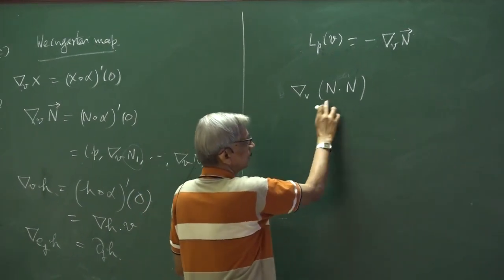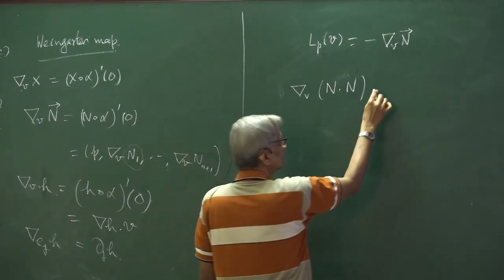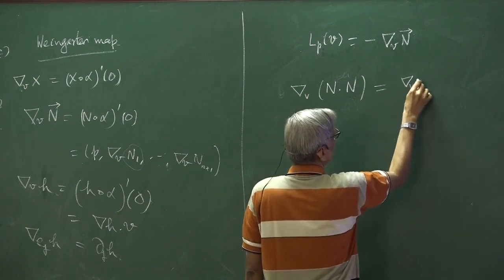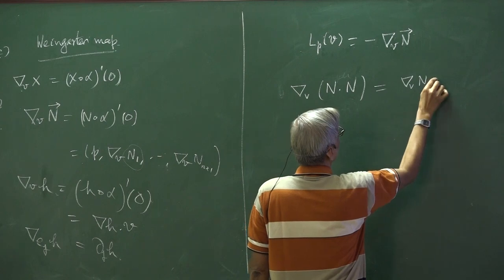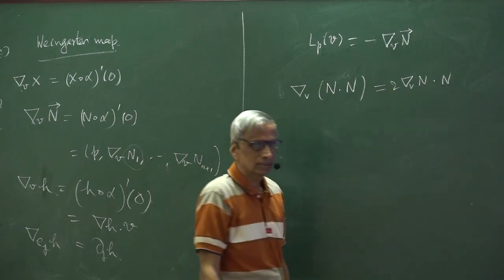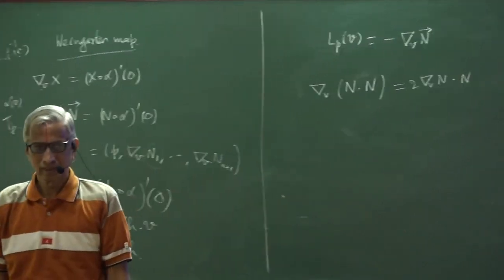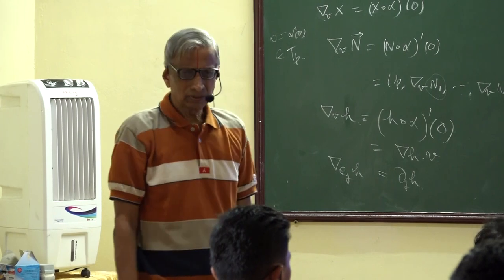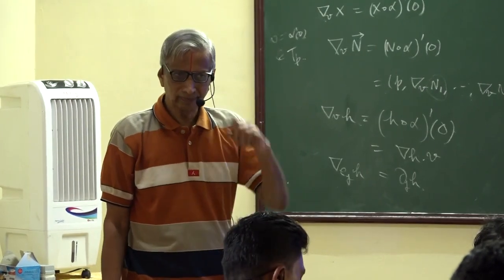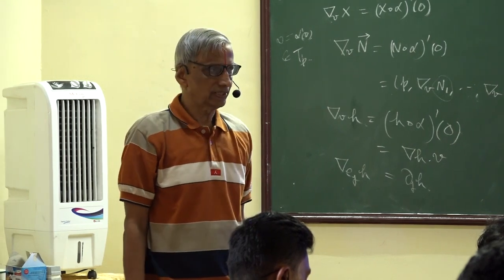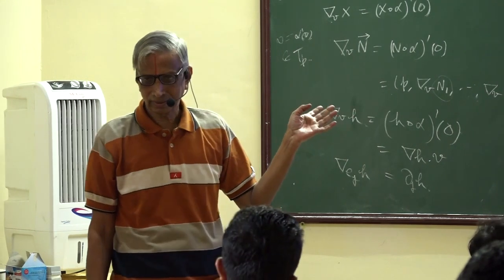Of course here both are the same, so you are going to get two times this. But then N is an orientation vector field, so it's a normalized normal vector field. These are all unit vectors, right?